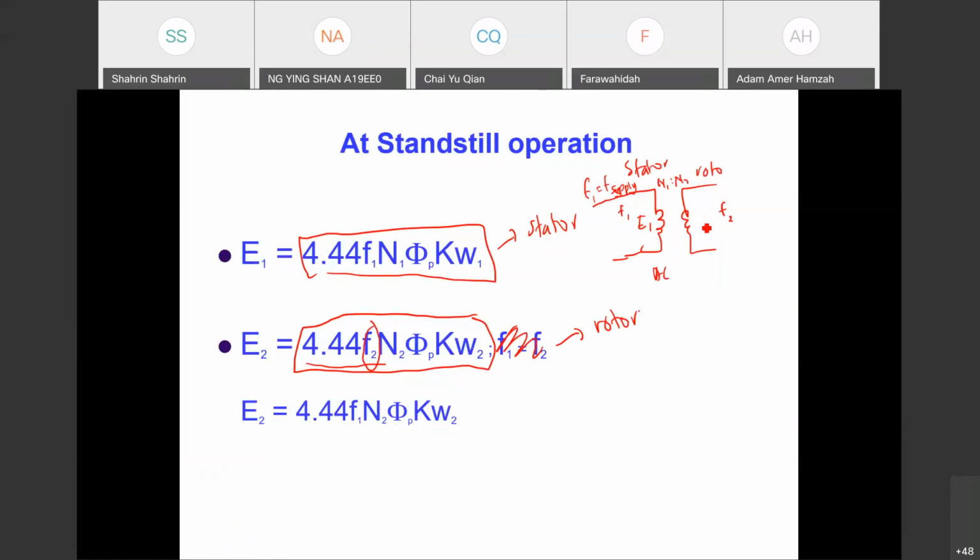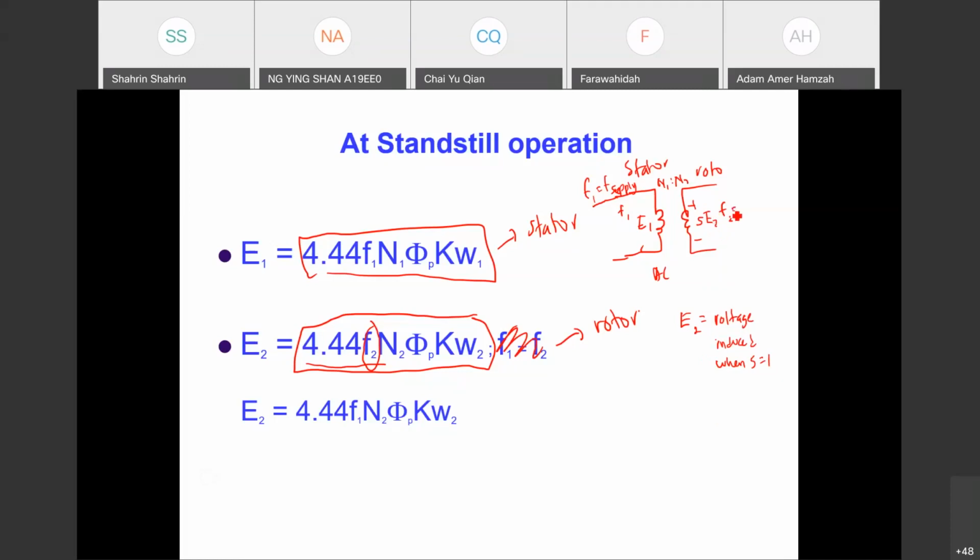So I need to have S multiplied with E2. E2 is the voltage induced when S is equal to 1. During stationary, the voltage induced is equal to E2. When it starts rotating, it is no longer equal to E2. It depends on the slip. So that's why the voltage induced at the rotor depends on the slip.